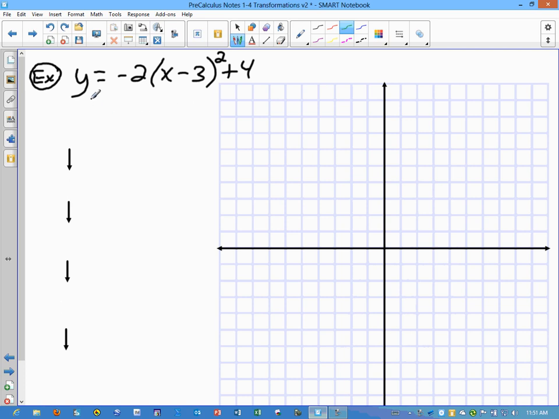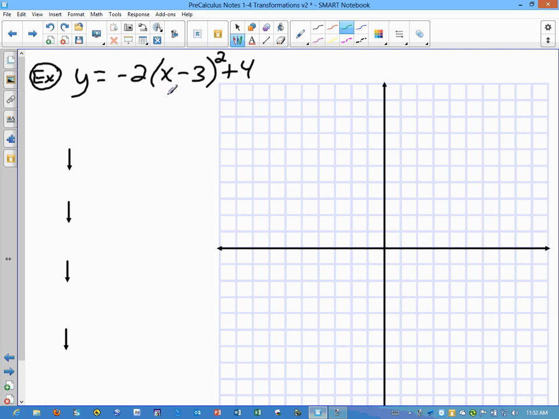So my vertex is going to be the value of x that causes the inside to be 0. That will be the x value of the new vertex. That will be the shift. So here, we first recognize this as y equals x squared. That's our parent function. And instead of this vertex being at the origin, it's going to be, for an x value, the value of x that causes this to be 0.